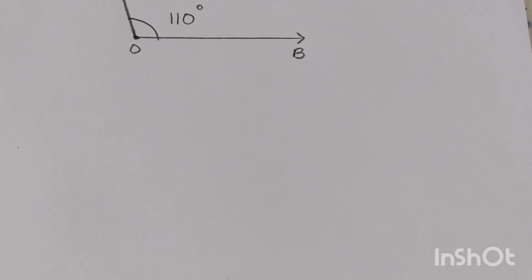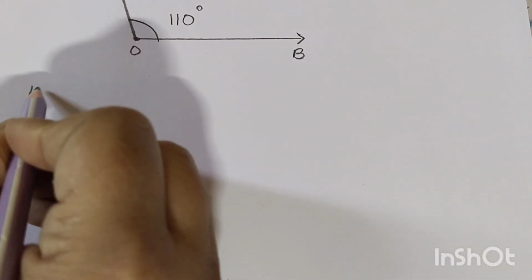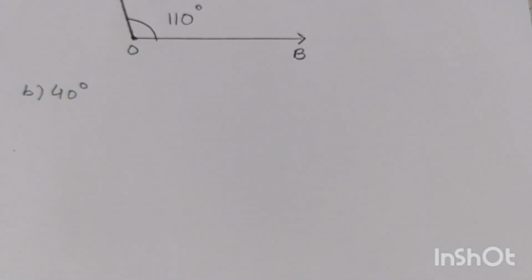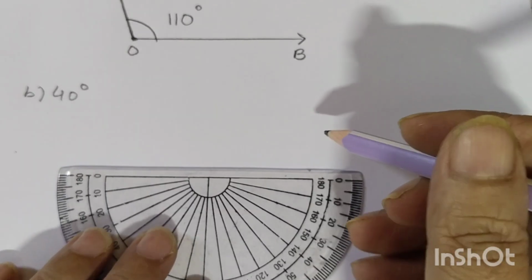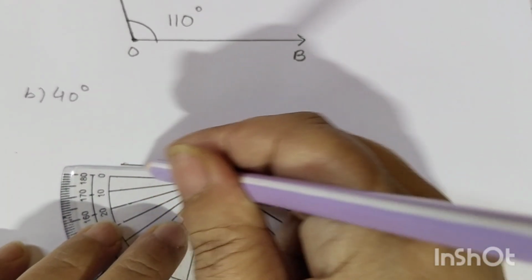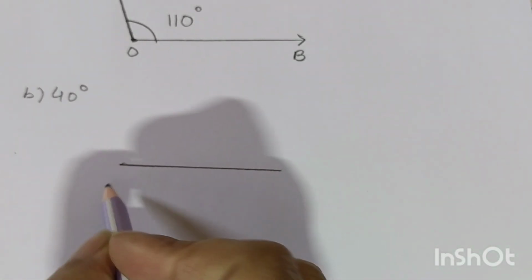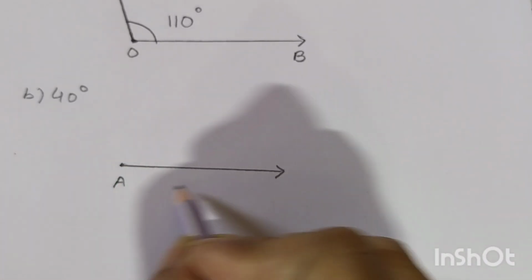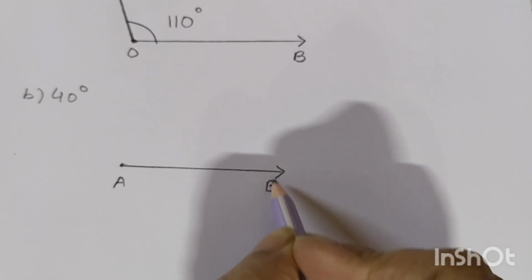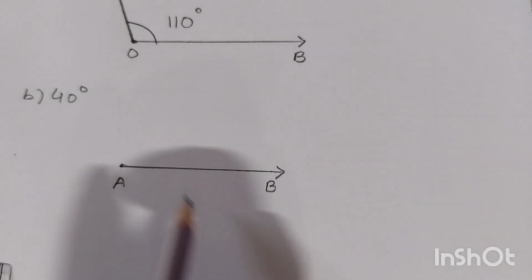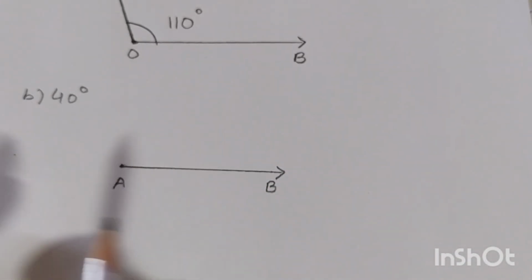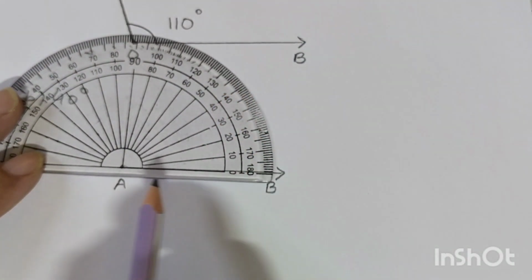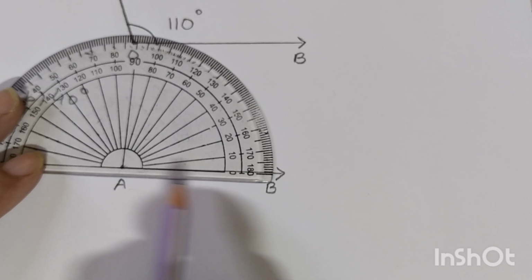Now next angle is B part, that is 40 degree. Again mark a line like this. Name this ray AB. Then on this point, place the middle of the protractor, zero line on AB.